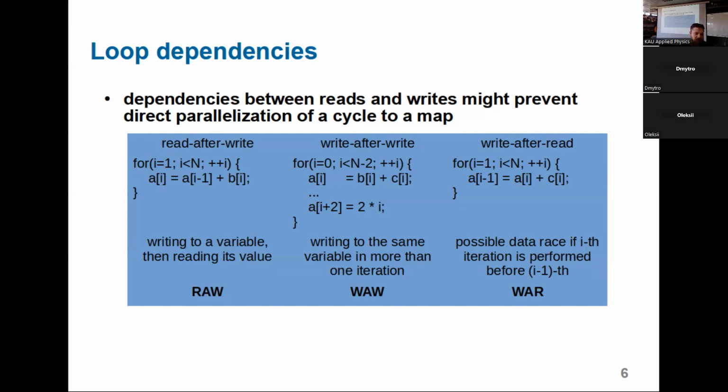Okay, it's probably hopefully fine. But in my iteration 2, I want to write in A2, and I need to use A1 for that. But if I were to do it in parallel, I don't know what is in A1 actually. Is it that the new value has already been processed or not?